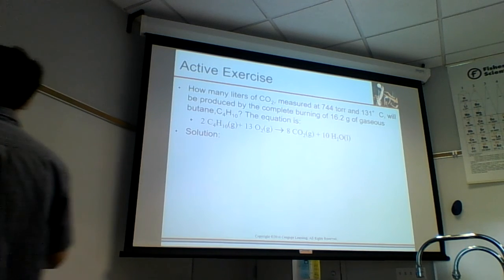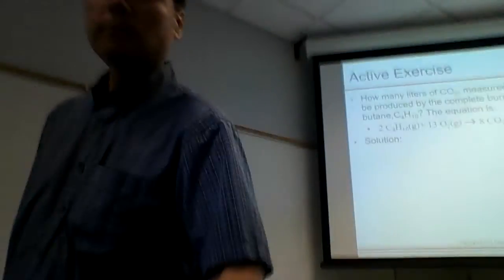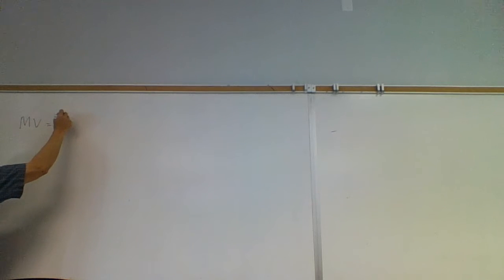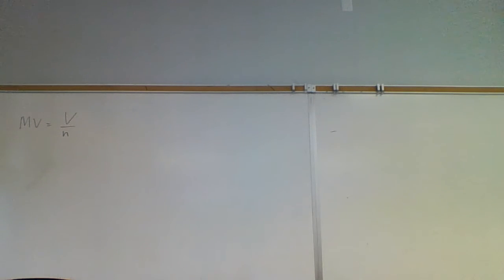And so one of the things we could do is just calculate the molar volume right now. Molar volume is equal to the volume per mole, V over n. There are different ways we can generate this equation. I showed you one derivation yesterday. Another derivation is this: PV = nRT.